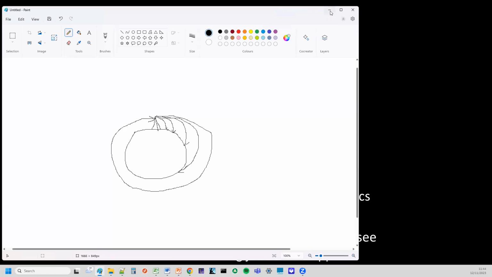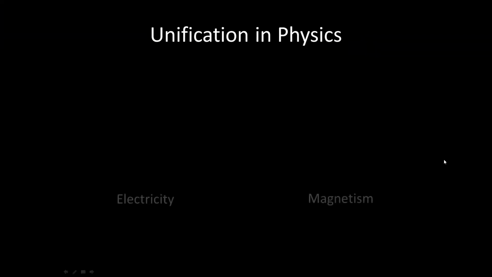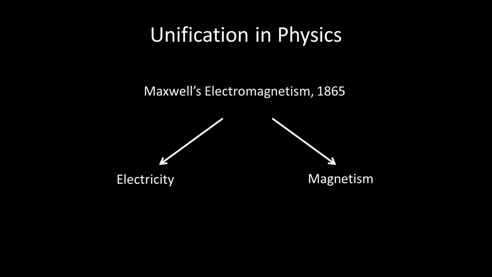So that's one of the big achievements of Newton, to realize that the same force that makes the apple fall is the same force that makes the moon go around. So it's the same physics in both. Well, later, do you know who unified these two? Probably it's Maxwell with electromagnetism, his Maxwell laws.